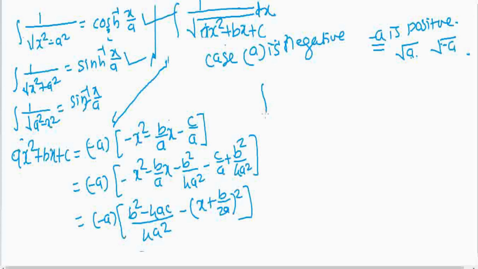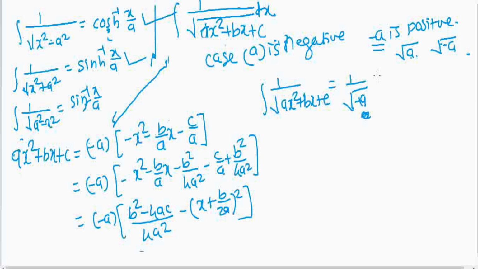So the integration of 1 divided by the square root of ax square plus bx plus c is equal to 1 divided by the square root of minus a. Even though it looks like a minus, a is negative, so minus minus becomes plus.